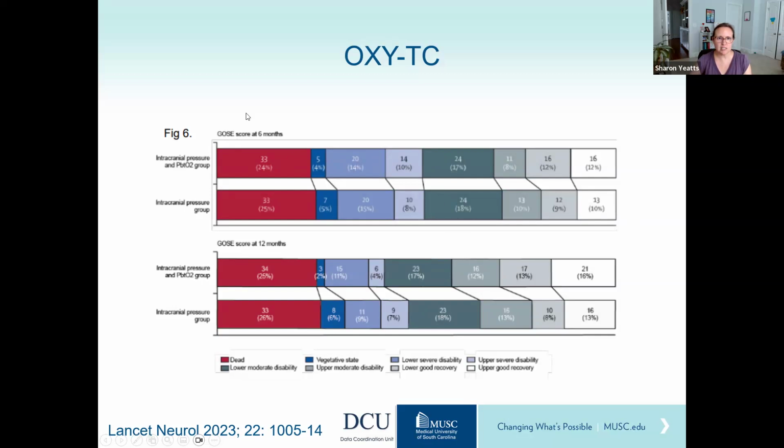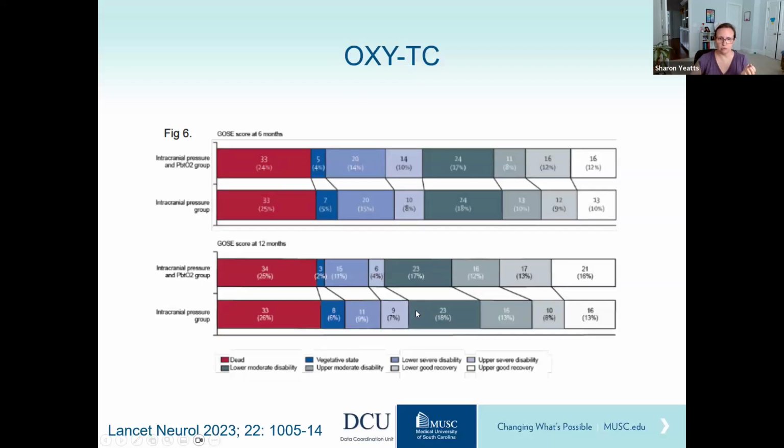So you can see that at 6 months, if we're just dichotomizing right where the blue shifts to gray, there's not much of a difference between these two arms, right? However, if you follow them out to 12 months, again looking at what happens when the color shifts from blue to gray, now there's a much larger treatment effect, right?